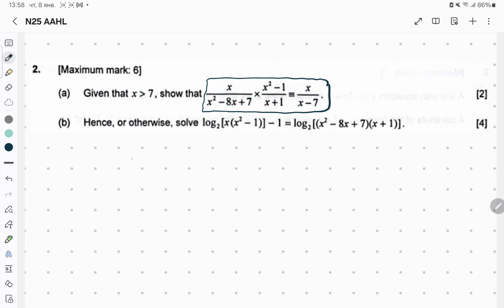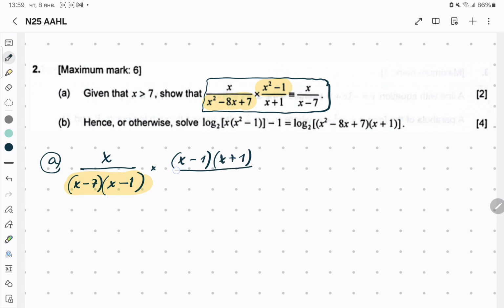Let's work with the left hand side. In the denominator we can immediately factorize: x minus 7 and x minus 1. By using the factorizing approach, you can find the video on my channel about how to factorize this kind of expression. The numerator of the second fraction can also use the difference of two squares formula: x minus 1, x plus 1.